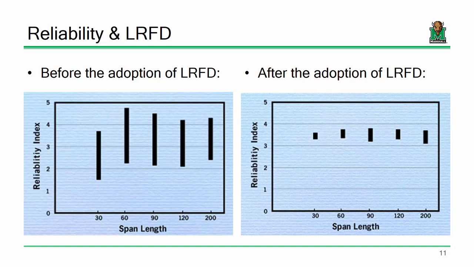After we started using LRFD, we got a much tighter control on that reliability index. Okay? So I'm not saying LRFD is perfect, but we get much more uniform and predictable levels of safety than we do with something like ASD. Okay? This is unavoidable in something like geotech.